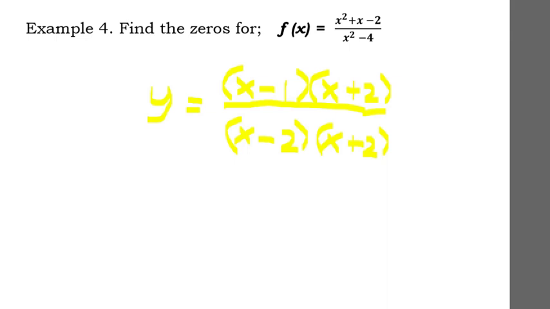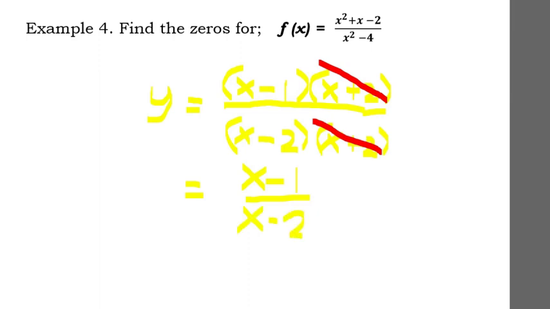There are the same factors for both the numerator and denominator, so we can cancel those factors. We have x plus 2 in the numerator cancelled out with x plus 2 in the denominator. So therefore, the remaining factors, you have x minus 1 over x minus 2.